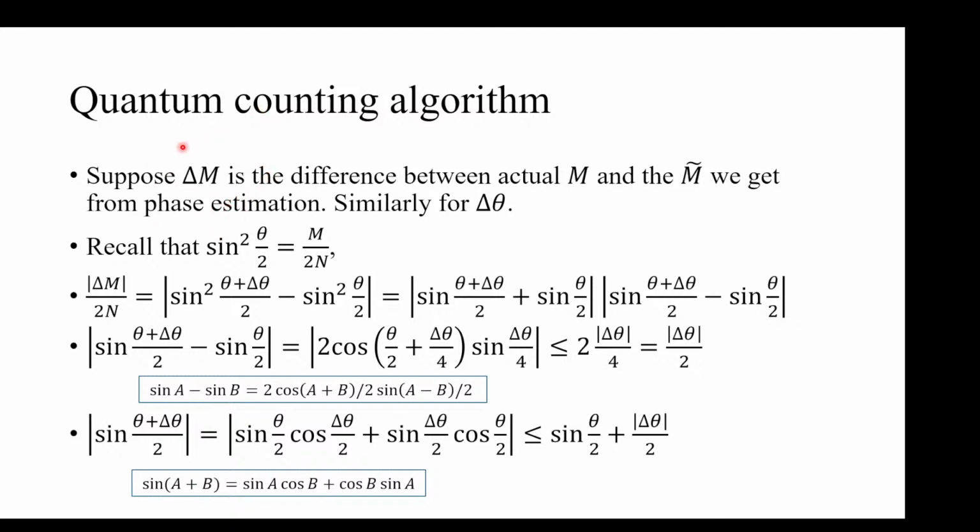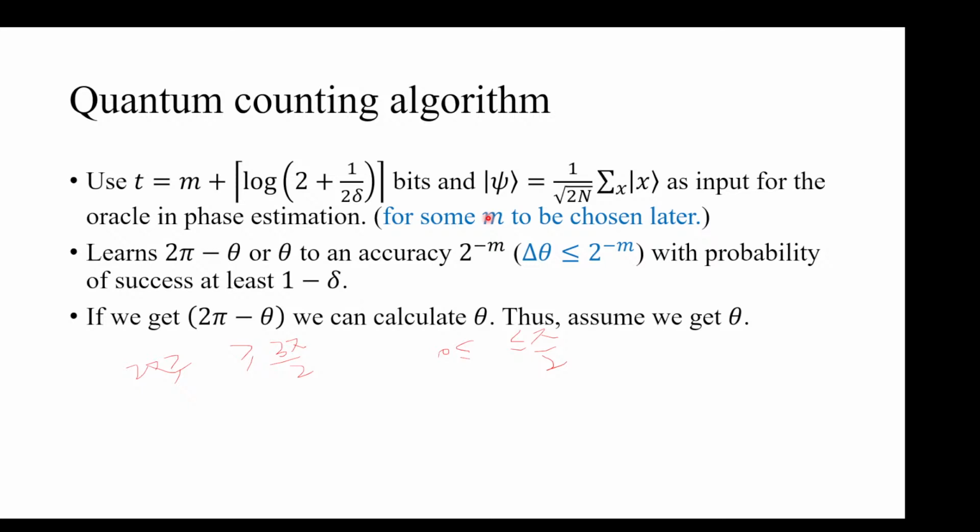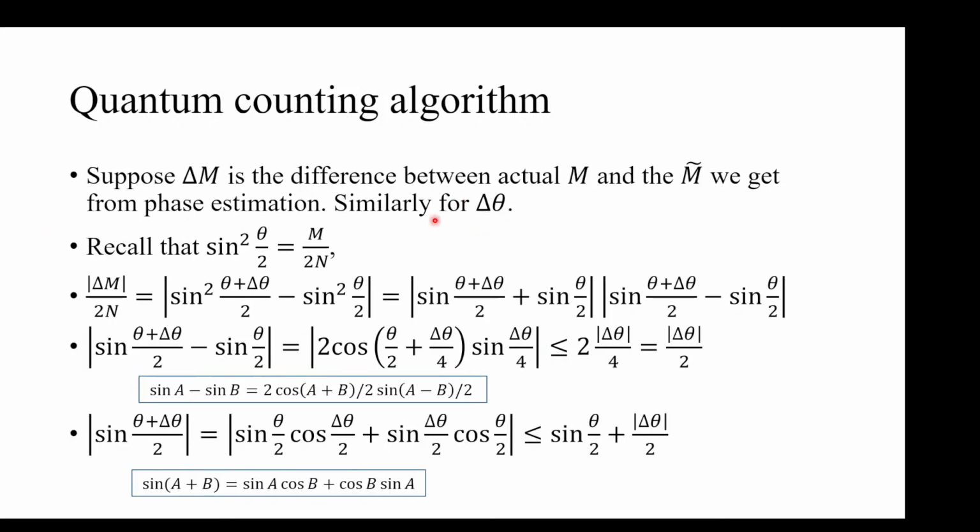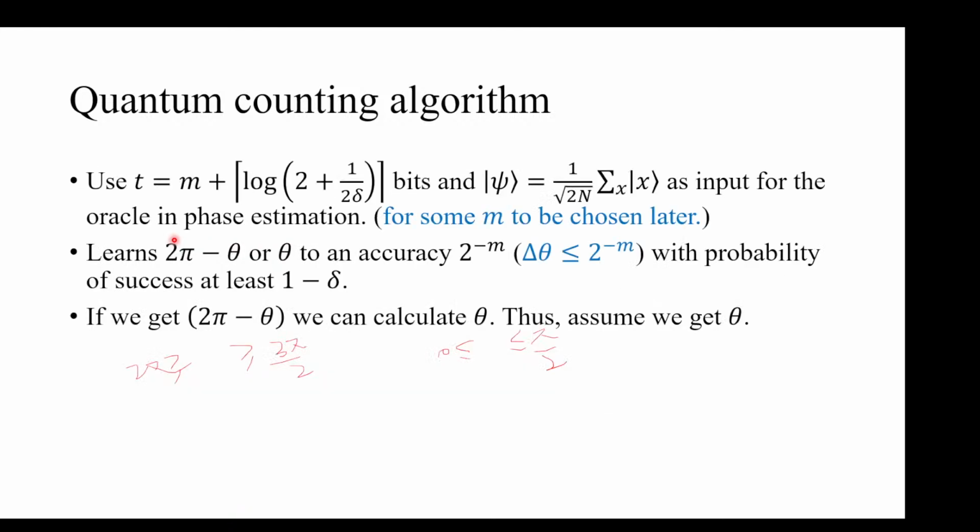Similarly we define delta theta, although we already called it that, but now we say it more formally. Delta theta is the difference between the actual theta and the estimate of theta you get from phase estimation. And as we said before, by the guarantee of phase estimation, delta theta is going to be less than 2 to the minus m.